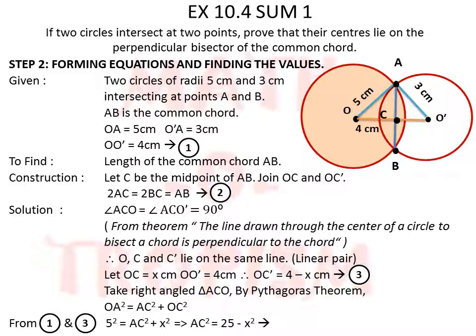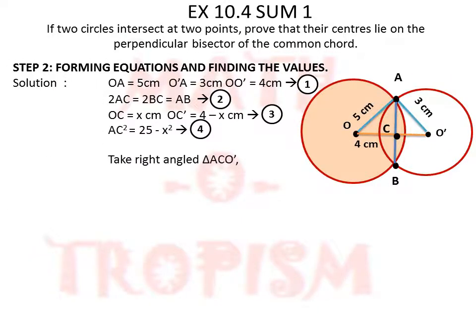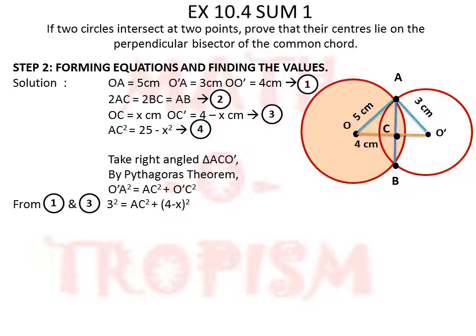So AC square is 5 square, which is 25, minus x square. Let us keep this as equation 4. We take the right angled triangle ACO dash. So O dash A square is equal to AC square plus O dash C square. That comes to 3 square is equal to AC square plus (4 minus x) the whole square. So 3 square is 9, which is equal to 25 minus x square, because AC square we have already found from equation 4.